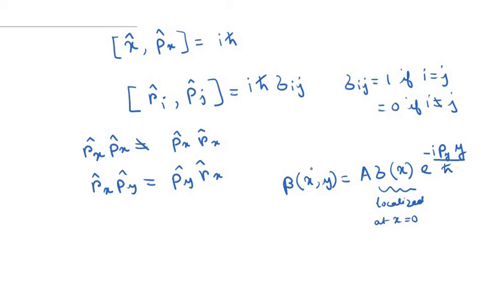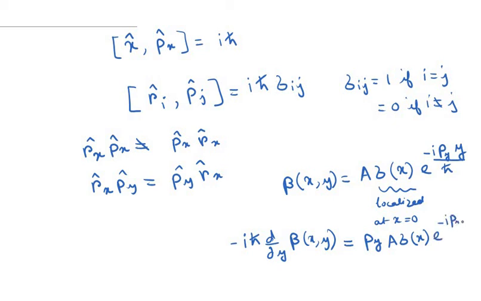So I would operate on this wave function with the operator minus i h bar d/dy. Acting on psi(x,y), this becomes equal to py times a delta(x) e to the power minus i py y by h bar, which is equal to py times psi(x,y).